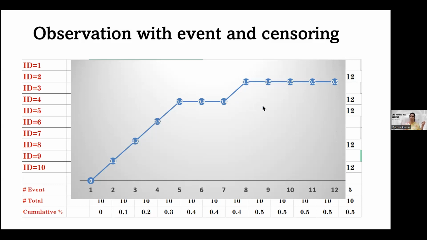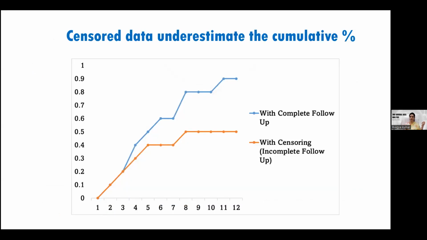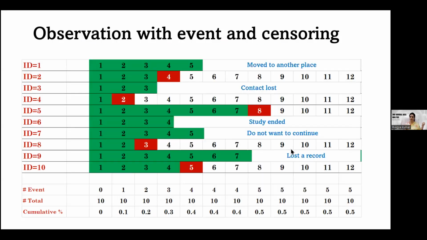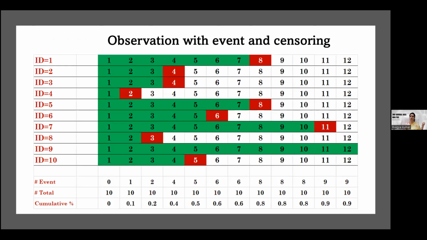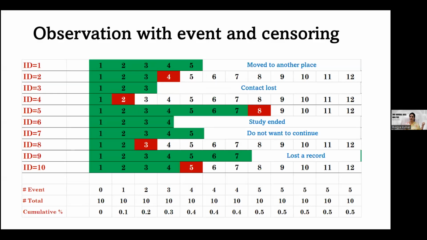So this will be the plotting of the cumulative percentage of that event. You can see that if there is data censoring, it can underestimate the cumulative percentage. In the previous case, the cumulative percentage was 0.9. And in the later case, the cumulative percentage is 0.5.